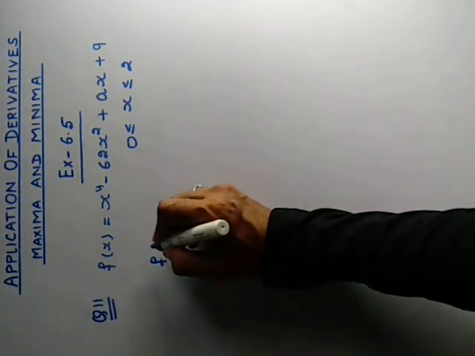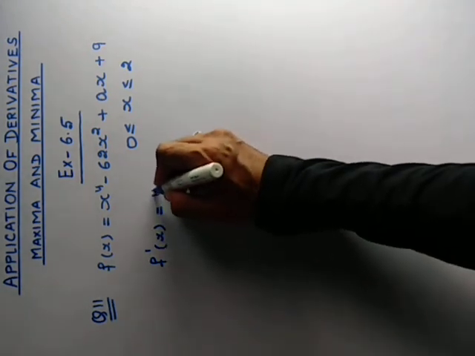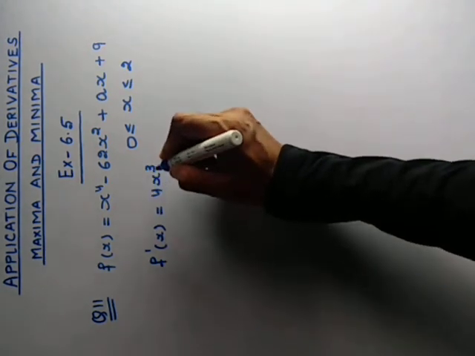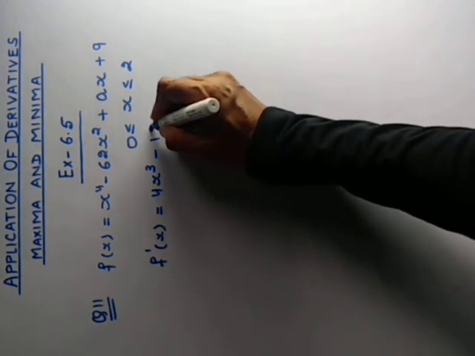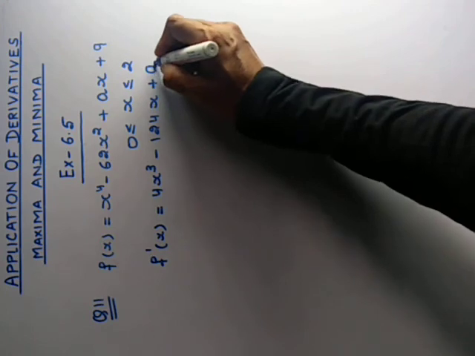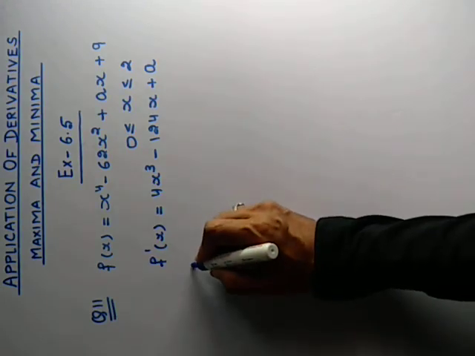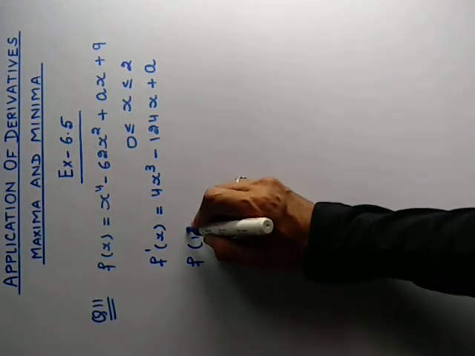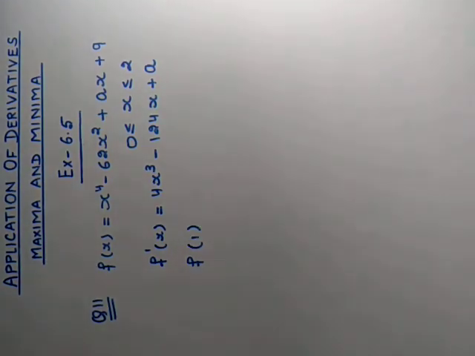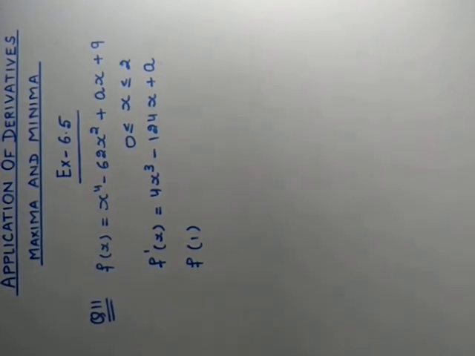So f dash x equals 4x cube minus 124x plus a. The function is maximum at x equals 1 because 1 is in the interval 0 to 2.